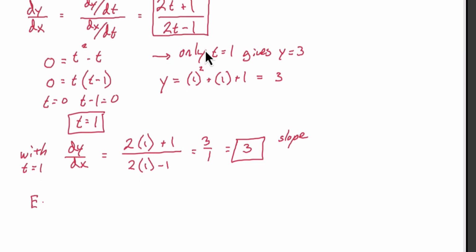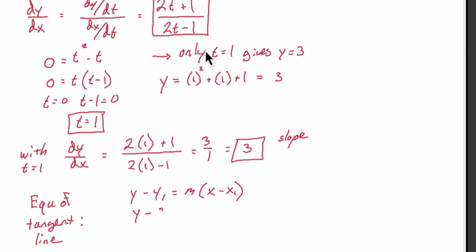So now the equation of the tangent line. We'll use y minus y1 equals m times x minus x1. Let's start with that point slope form and just plug in what we know now. We have y minus the y value, which is the initial y value of the point that we were given, 3. m is this 3, the slope.